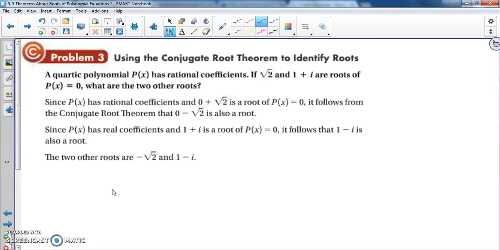And since p of x has real coefficients, and 1 plus i is a root of p of x equals 0, it follows that 1 minus i is also a root. So the other two roots are negative square root of 2 and 1 minus i.